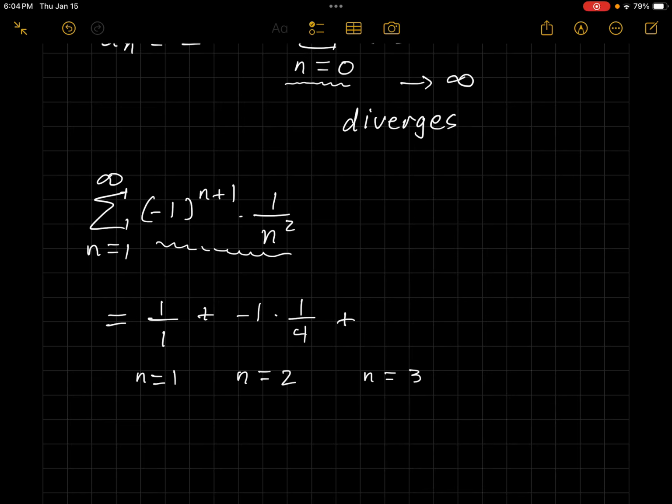We get negative 1 to the 4, which is positive, times 1 over 3 squared. And I think we see the pattern here, so I'll rewrite it in a nicer form. We get 1 minus a fourth plus a ninth minus 1 over 25 plus etc.